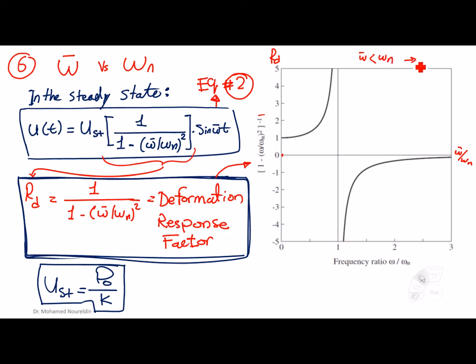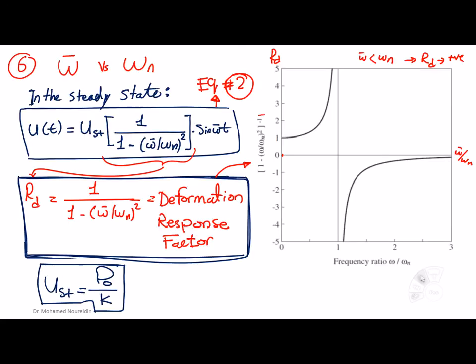Our RD is going to be positive, right? From the equation, RD is going to be positive. That means that u of t and p of t, the response and the force or excitation, are going to have the same sign.